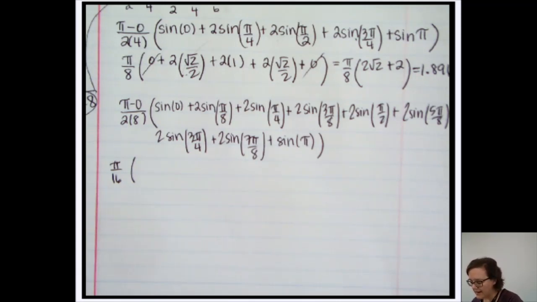So I'm going to take sine of 0 plus 2 times the sine of pi over 8. I guess I didn't need that.